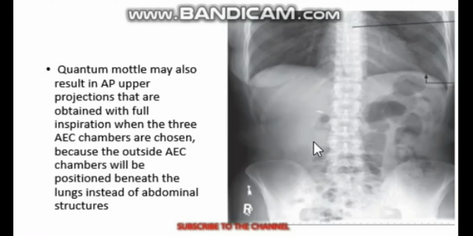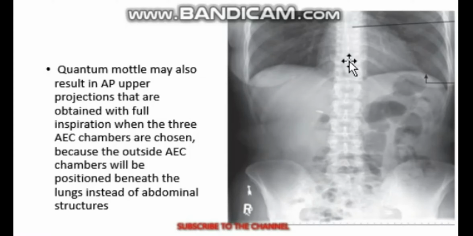Hence, some of the X-rays in the abdomen might have not reached the image receptor by the time the ones in the lungs have reached the image receptor. Therefore, it stops the exposure, and it will cause noise in the abdomen. This is because most of the X-rays have not come out from the patient onto the image receptor, therefore causing noise. So when you look at the image, you see that there's noise here.